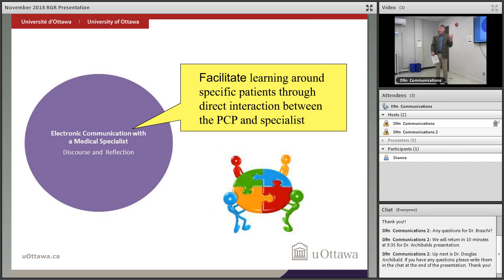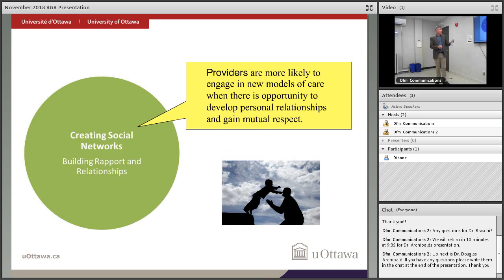This next level within the framework, this discourse and reflection, it's about facilitating learning around specific patients through direct interaction between the primary care provider and the specialist. And that, of course, leads to the next piece about building rapport and relationships. You're more likely to engage in new models of care when there's an opportunity to develop personal relationships and gain respect.